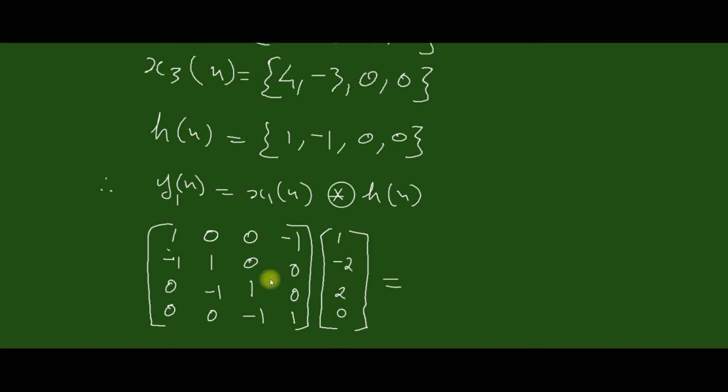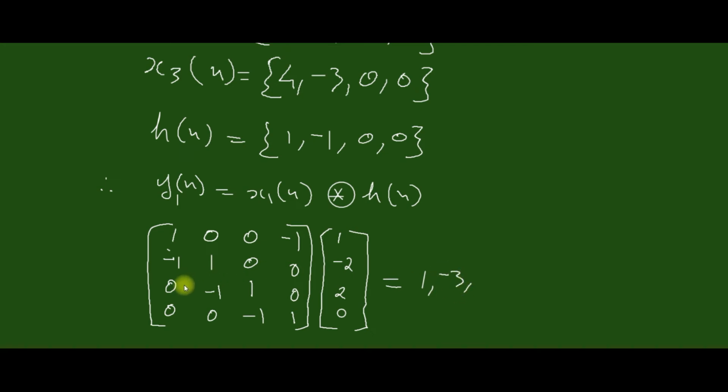Then multiply each row with the column. It is 1 into 1 equal to 1, then 0, 0, which is also 0. The next one, minus 1 into minus 1 is minus 1, then minus 2, it will be minus 3.